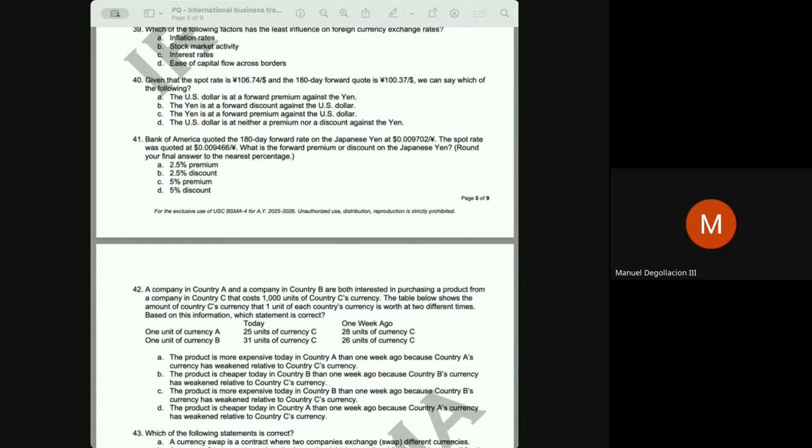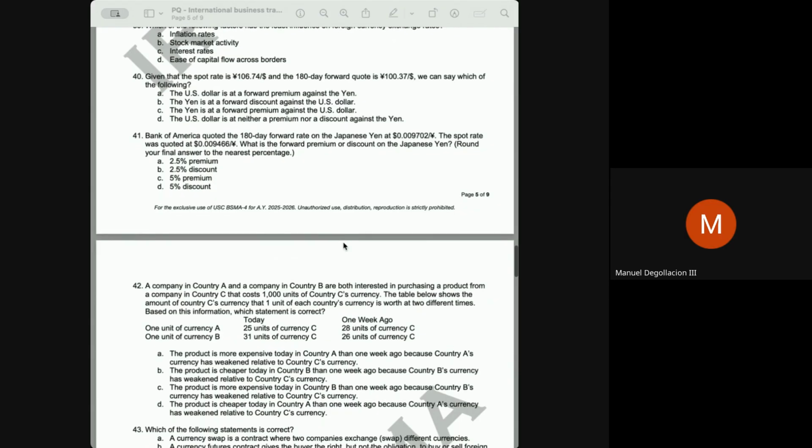Its equivalent annual rate is 5%, or you can just multiply 2.5 by 360 divided by 180. So the answer here is 5% premium.